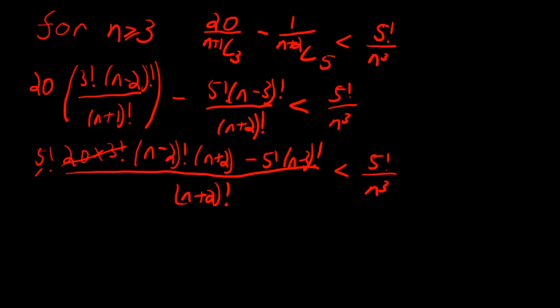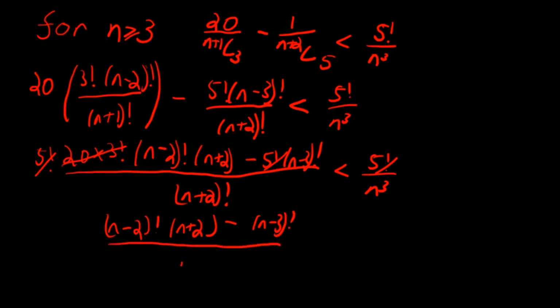So we can cancel it here, here, and here. So that will leave us with (n minus 2) factorial (n plus 2) minus (n minus 3) factorial, divided by (n plus 2) factorial, is less than 1 over n cubed.